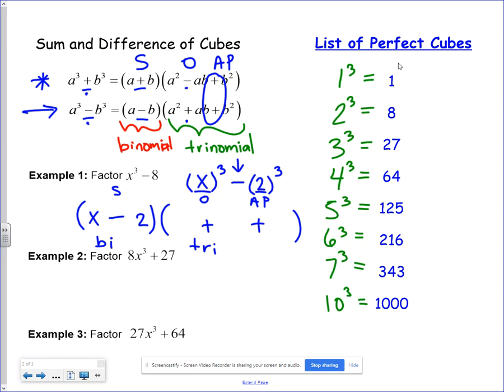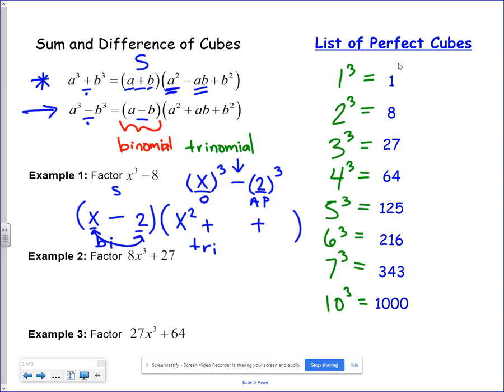Right, so now let's see how we get the trinomial parts. Let's look up here. Here we had A, here we had B. Now we got this, A squared. So A is x. So what is x squared? X squared. To get the middle term, you take your A times your B. So you're going to multiply these two terms together.